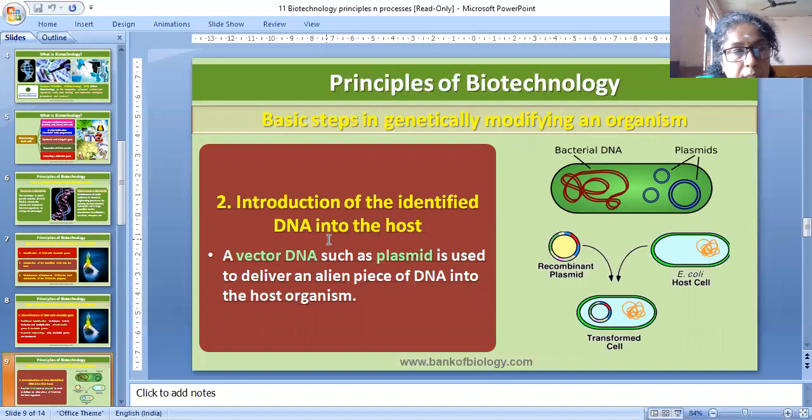Vector DNA means the DNA which transfers this alien piece of DNA into the host organism. One who is transferring is called a vector DNA. Vector DNA is also called carrier DNA, as it carries the alien piece of DNA into the host organism's DNA.